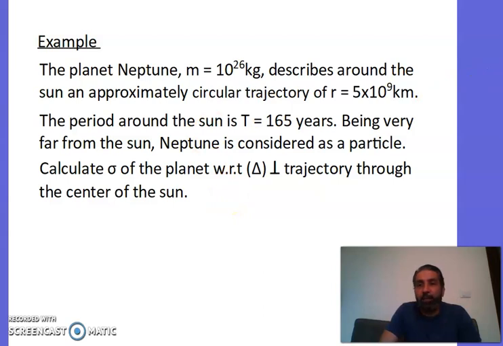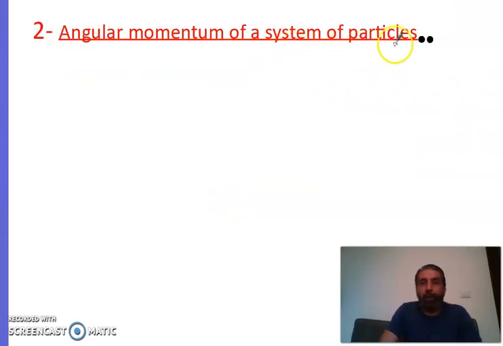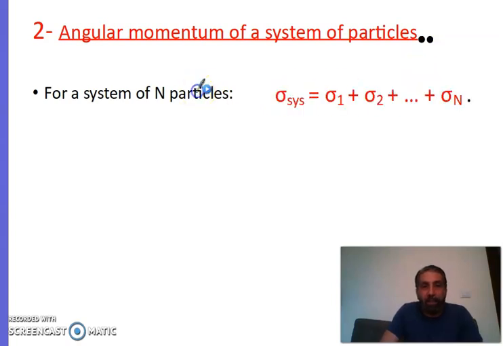Now let's consider a system of particles, okay? In the case of a discrete system, meaning a separated system of particles, what is the total angular momentum of this system of particles? For example, let's consider the planets of our solar system turning around the sun.